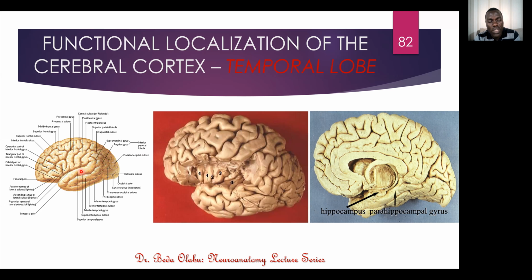Let's call them superior, middle, and inferior temporal gyri. They're just running parallel like that. And here we still see them superior, middle, and the inferior one is a bit not so well visualized here. But this is the superior temporal, middle temporal, and inferior temporal gyri.